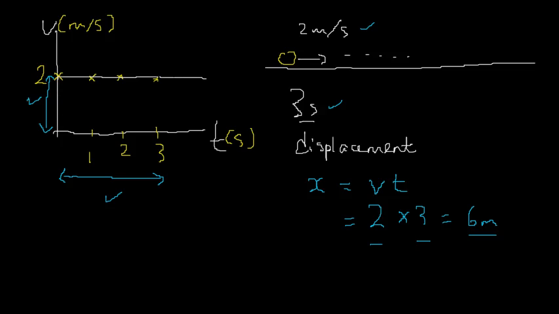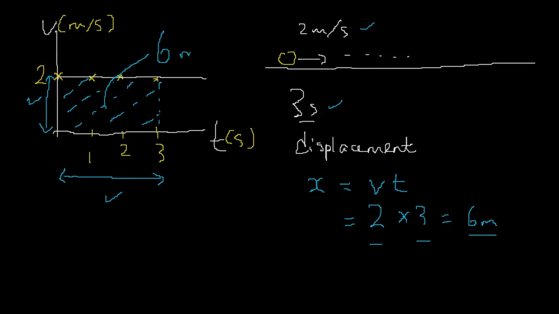It suggests to us that we are actually finding the area of this rectangle. Let me shade this area. You see, if I do 3 times 2, that gives me the area of this rectangle, which is 6.